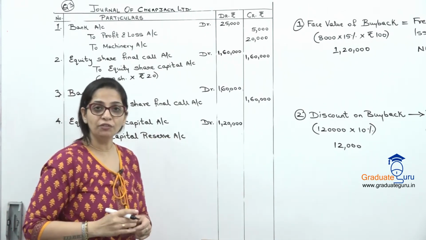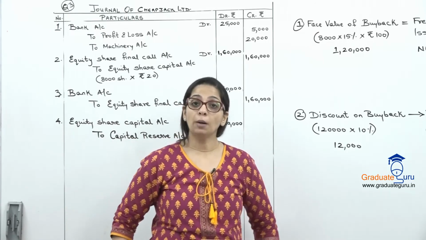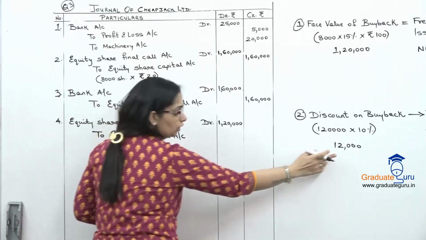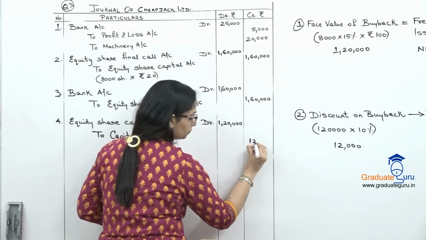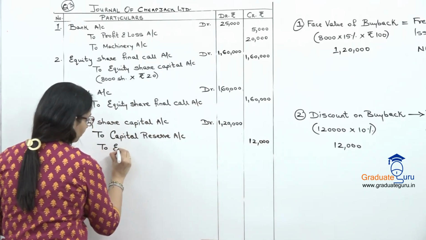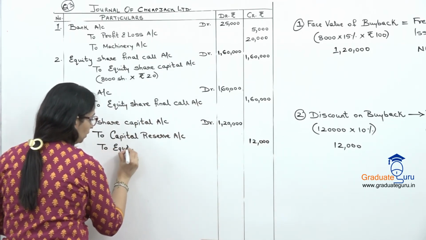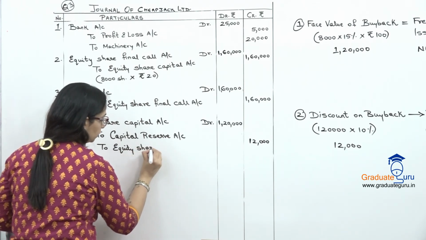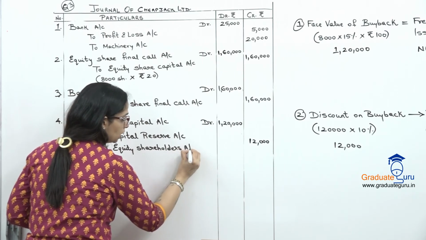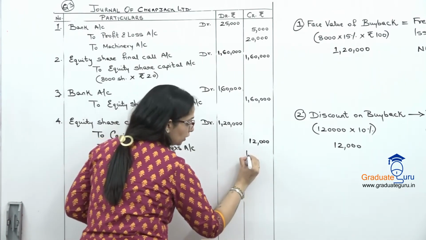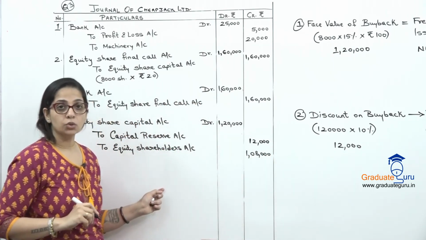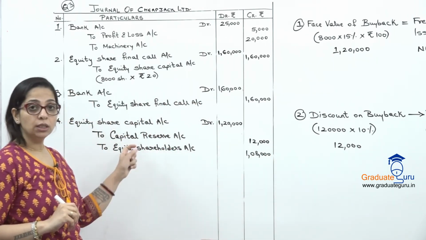Why is this a profit for us? Because we are paying them less. So it becomes my profit. So to capital reserve 12,000 and the balance amount I will have to pay to the equity shareholders. So to equity shareholders account, subtract, you'll get 1,08,000. So this time our buyback was at a discount.